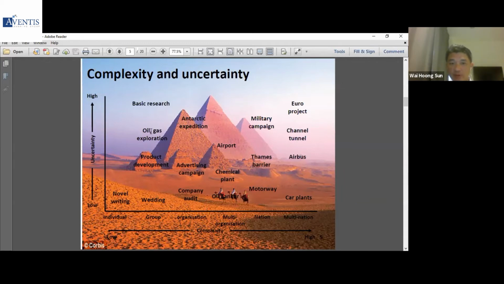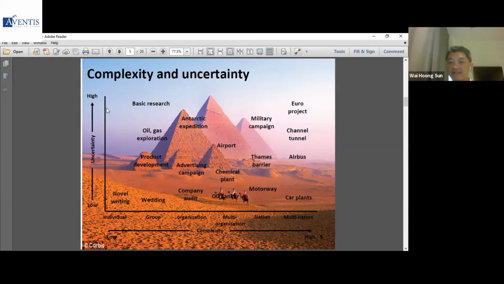Oil and gas exploration is quite risky because you could explore a certain area hoping that you can strike oil, but the oil is not there. And of course, basic research is basically a blue sky effort, so that is quite uncertain.